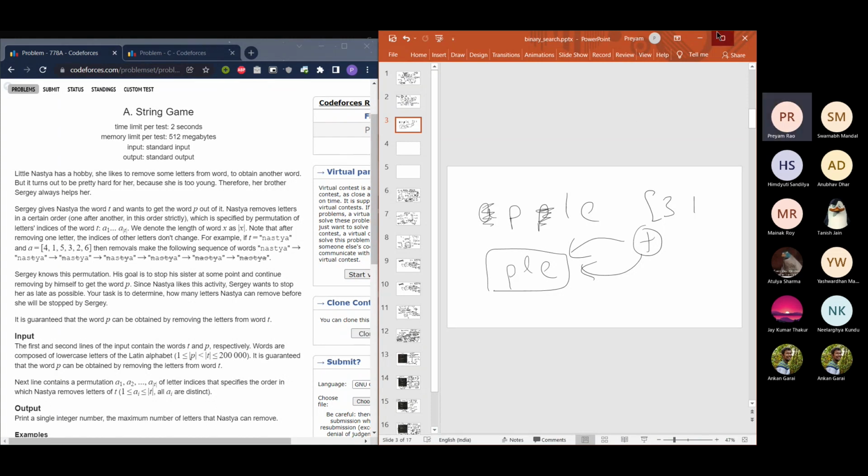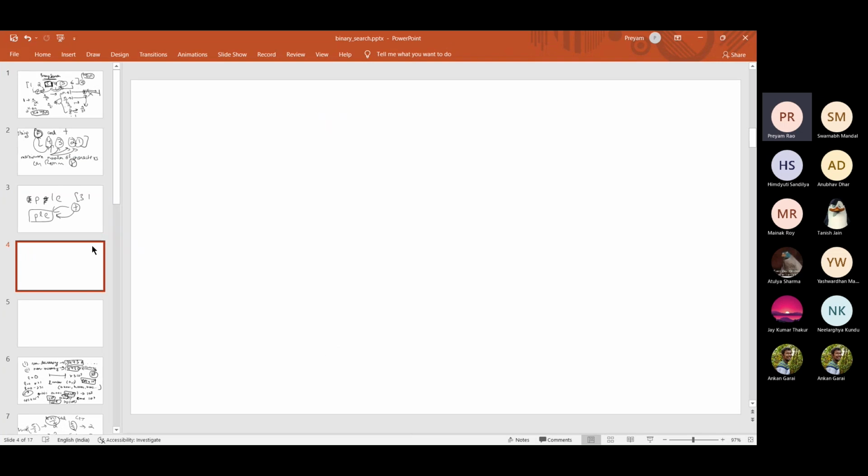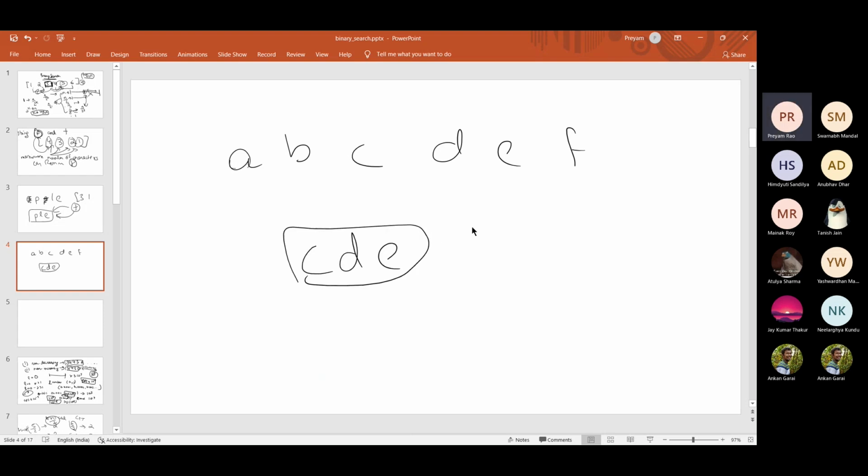So now what is a subsequence? For example, let's say we have A, B, C, D, E, F. CDE, for example, would be a subsequence, because we can delete the other characters and we'll get CDE.